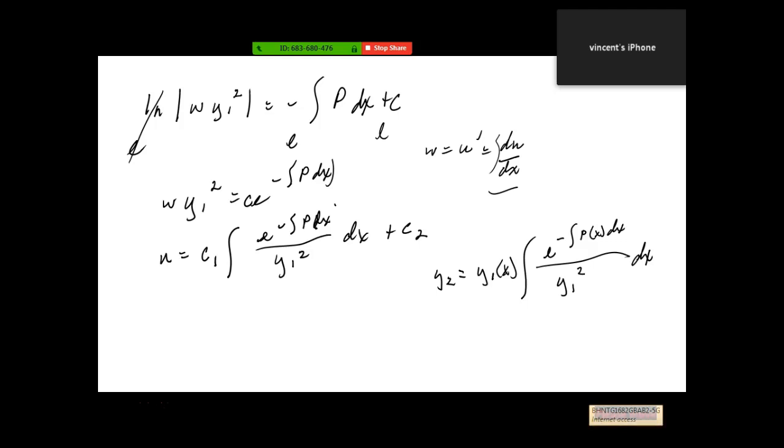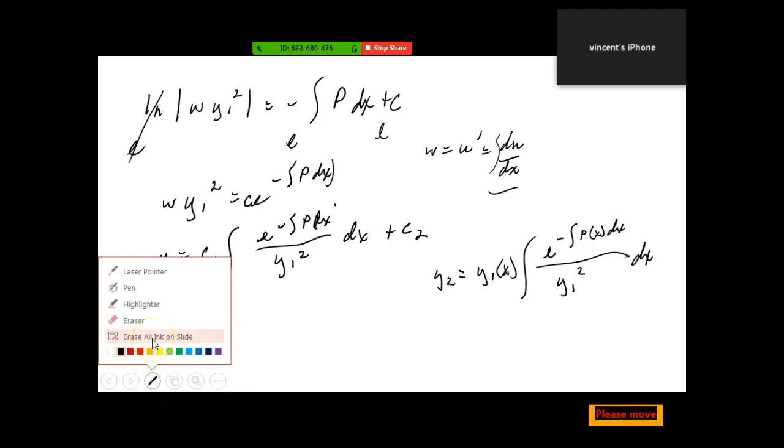Now, we got 3 minutes, and I want to see if we can do example 2 in those 3 minutes. I don't know that we can. I've been wanting to get there, and let's see. Remember that last equation.